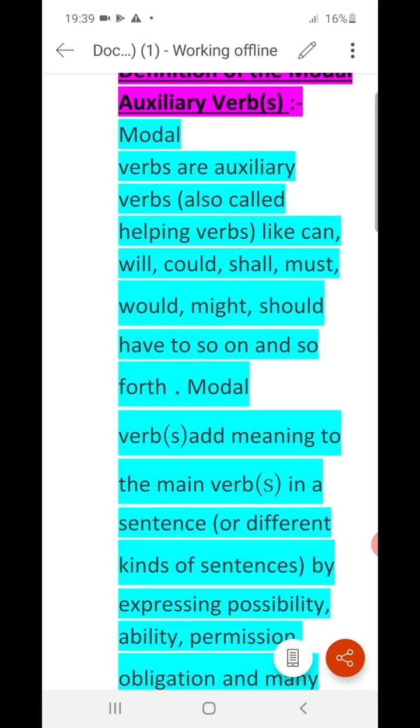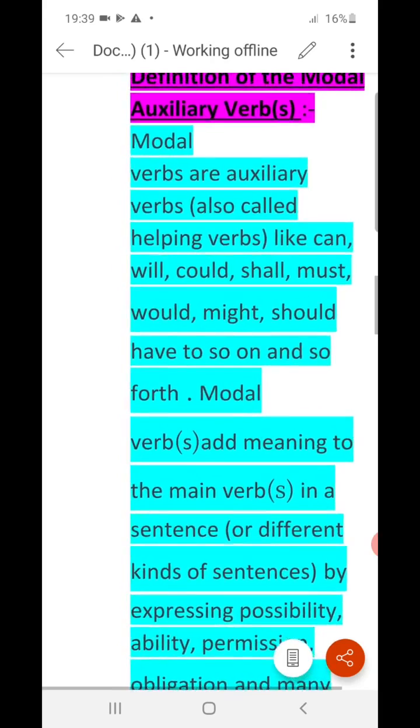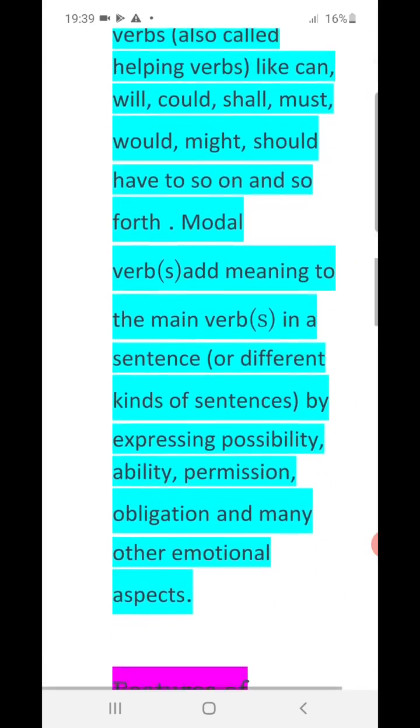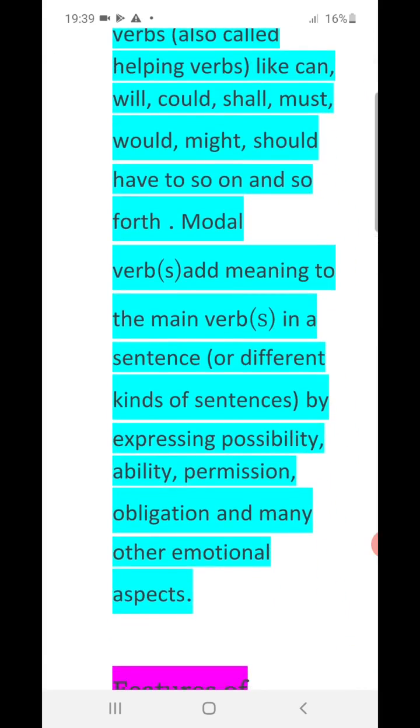So they are given proper sense or complete meanings with the help of these verbs, and they express possibility, ability, permission, obligation, and many other emotional aspects.